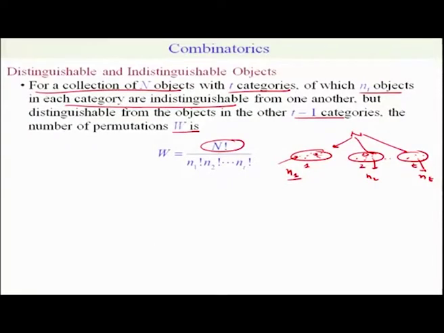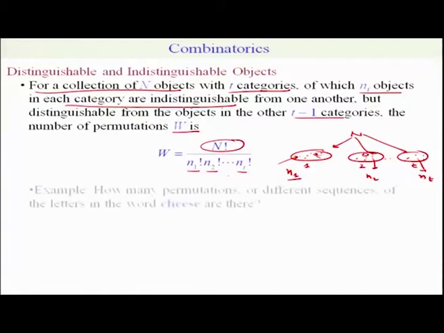Since these are groups which can be segregated, and within them the objects are indistinguishable, we are going to divide to correct the number of possible ways. So, in this case it will be n factorial divided by n1 factorial, n2 factorial and so forth, which is to correct the overcounting. So, this is the permutation W in such a case.